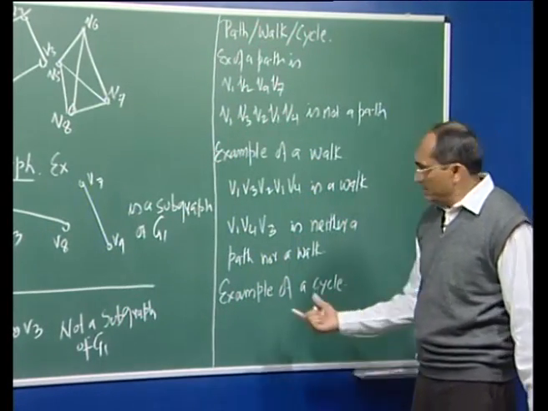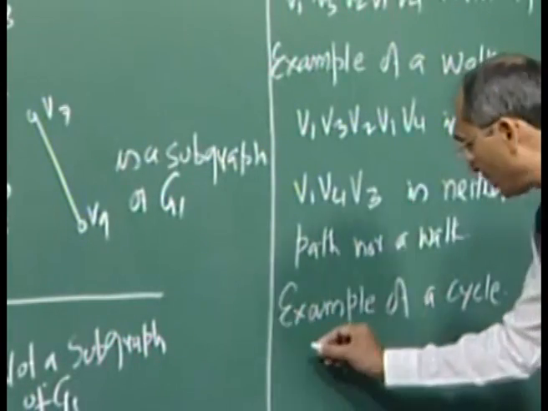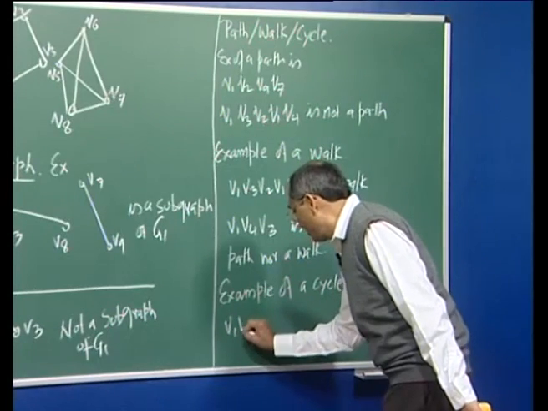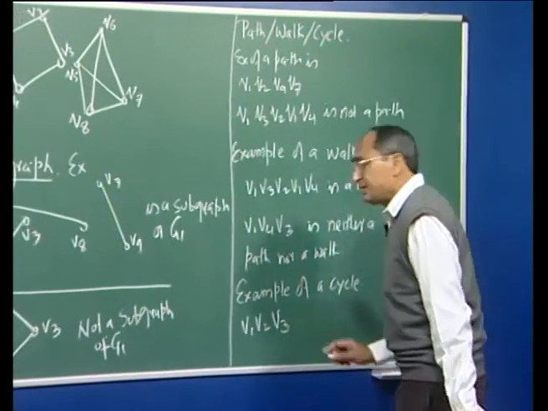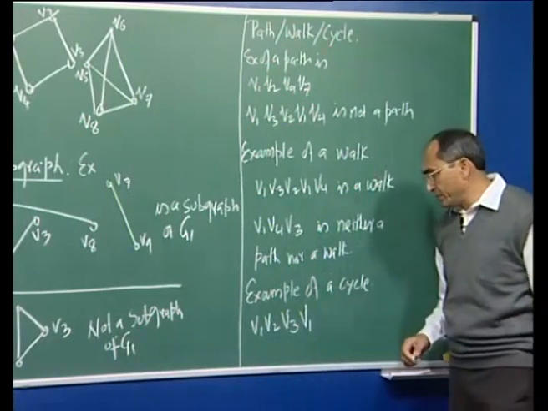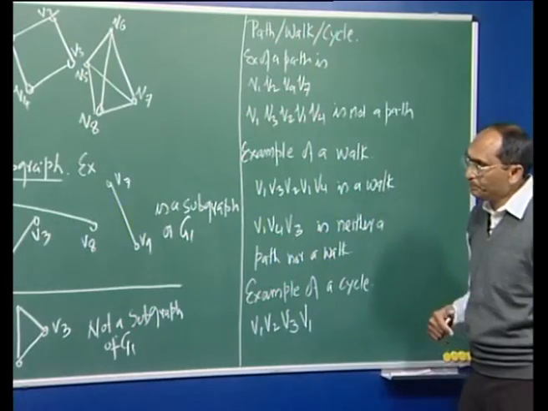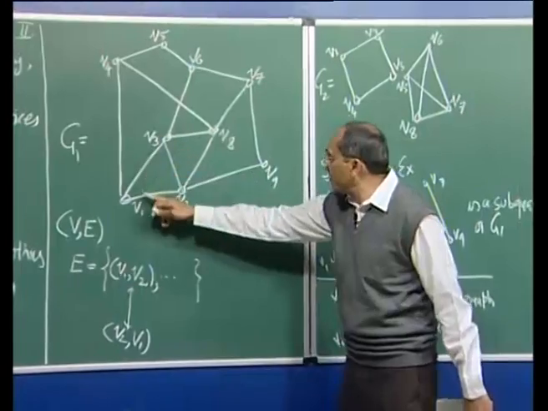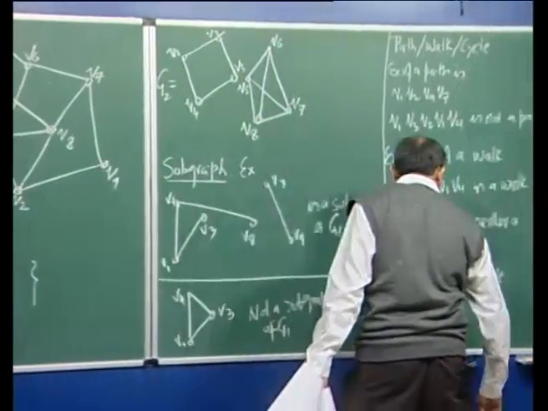And again, every successive vertex pair has an edge between them. So here V1, V2, V3 is a cycle, and actually I'll write it this way: V1, V2, V3, V1. This forms a cycle. Let's go back and just verify that V1, V2, V3 is a cycle.